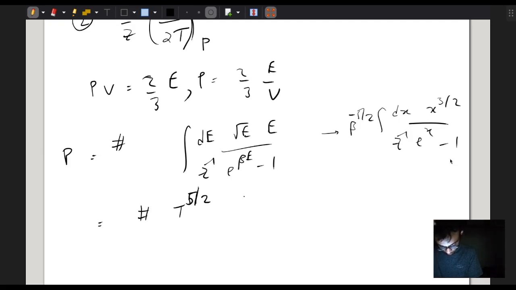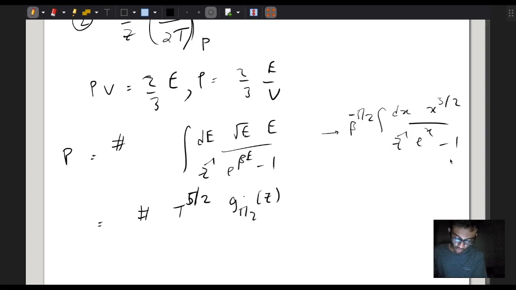So this is g 5 by 2 of z times some constant. We have absorbed all the constants in here.